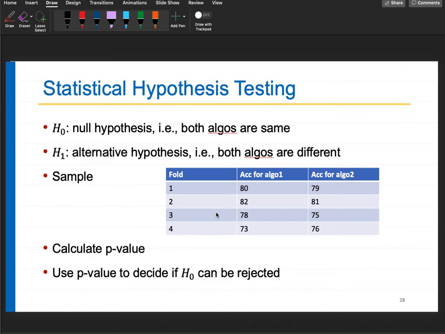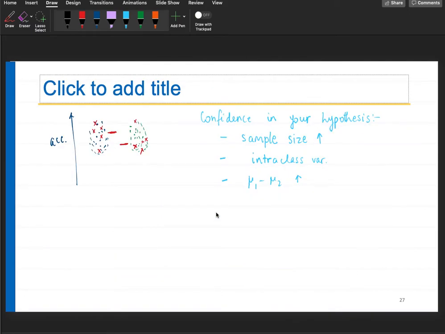So mu1 minus mu2, I don't think it's a good way of saying that it will increase your confidence, because it might be high, but it can also say that the classifier is actually bad. The mean difference is very large compared to if you had taken these two clusters.